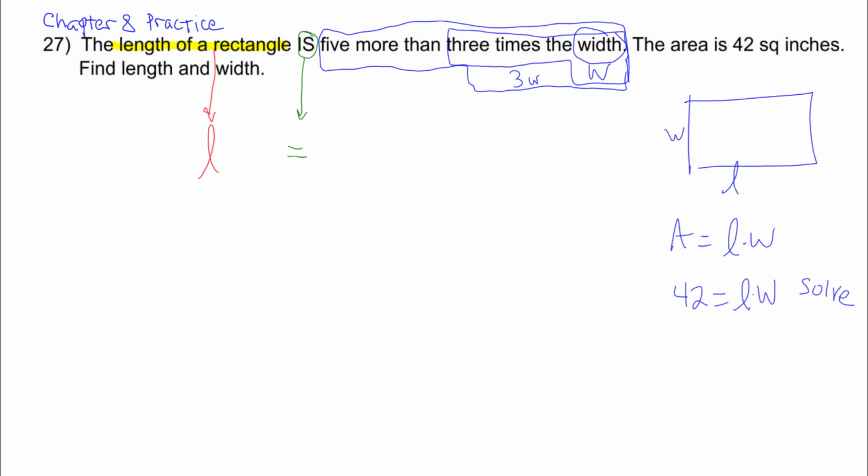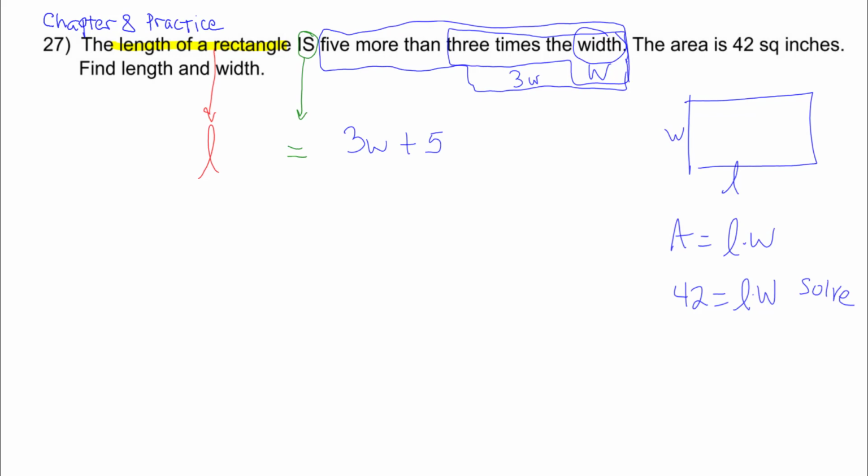So it says 5 more than 3 times the width. Width is W. 3 times the width is 3W. 5 more means add 5. So that whole blue box is 3W plus 5 more. That's a formula for the length. Hey, that's great.